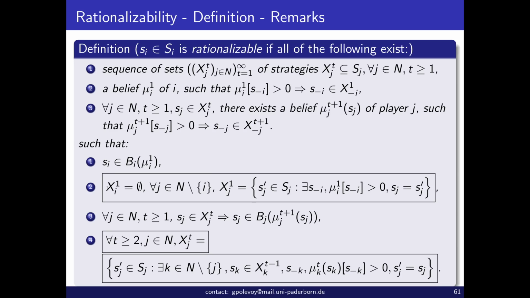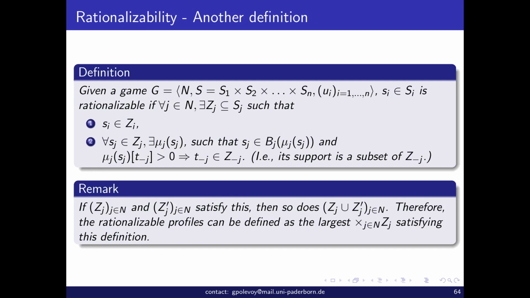We define those X's like we noted here in the frame part. And then Si and the others being best responses follows from the mu we took, which indeed justified those choices. So we managed to construct a sequence of Xjt's and beliefs which have their support in those Xjt's such that what we need holds.